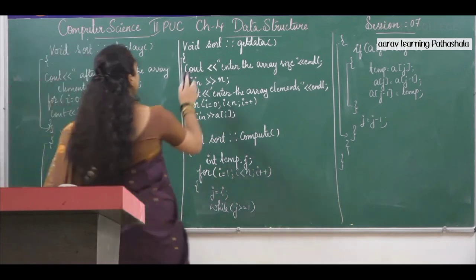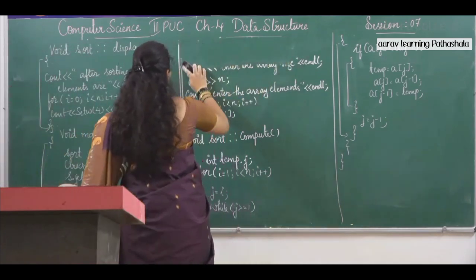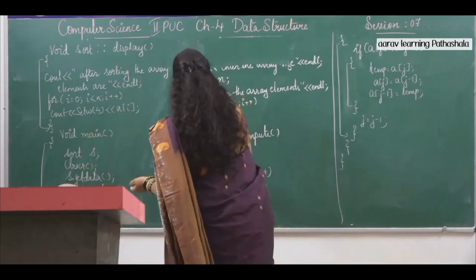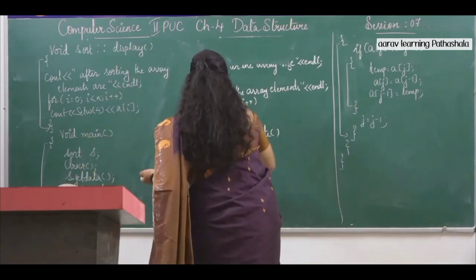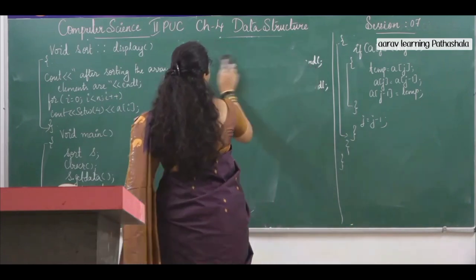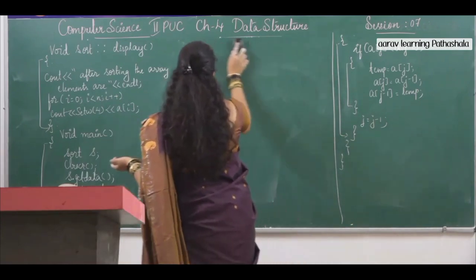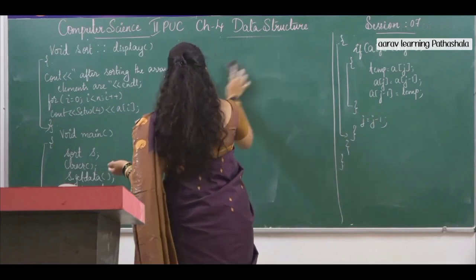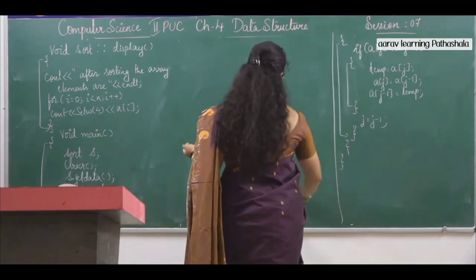So now let's write the output for this program. What will be the output? First it calls the getdata function, right? In the getdata function we have accepted the array size as well as the array elements.